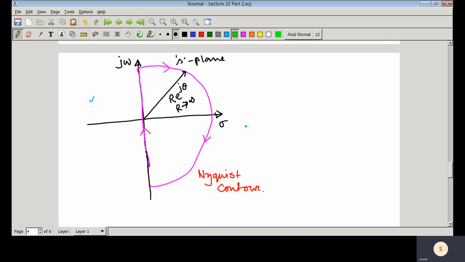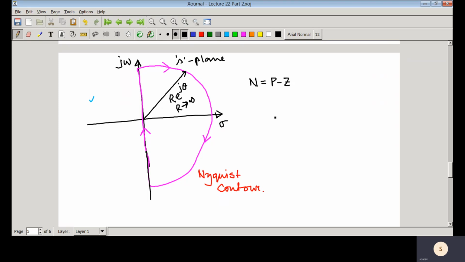Now if the contour is like this, enclosing the whole closed right half of the S plane, from the principle of argument we have seen that n equal to p minus z holds. So then what happens? Here the mapping is 1 plus g of s h of s, or you can say the mapping would be g of s h of s.